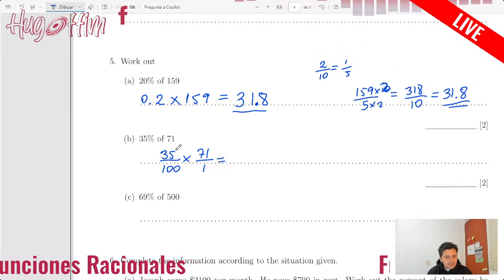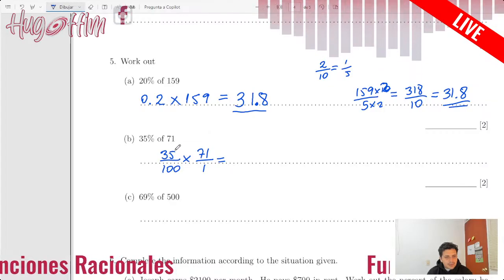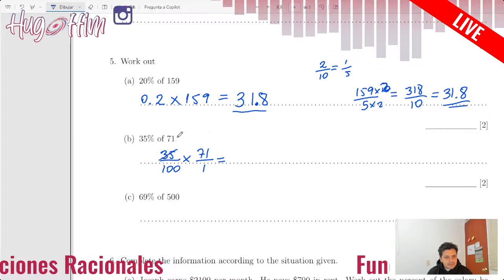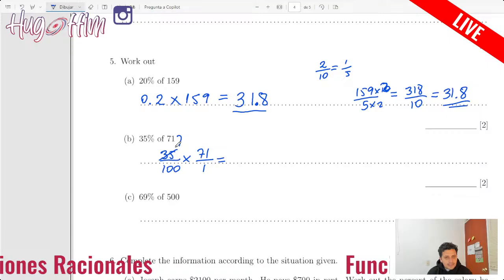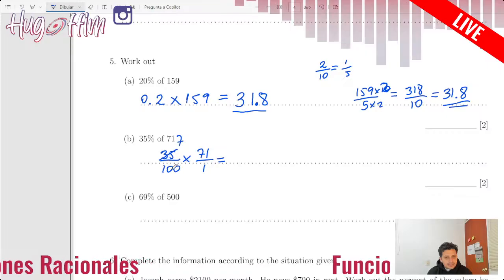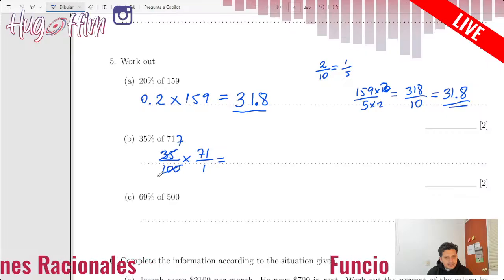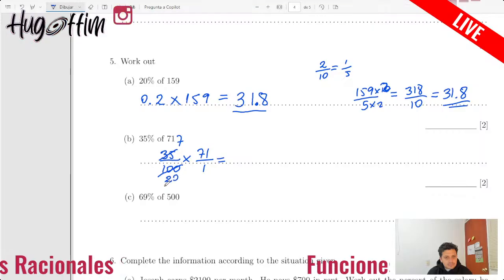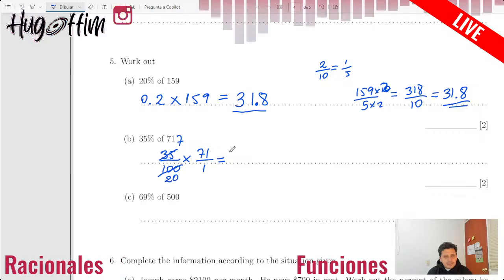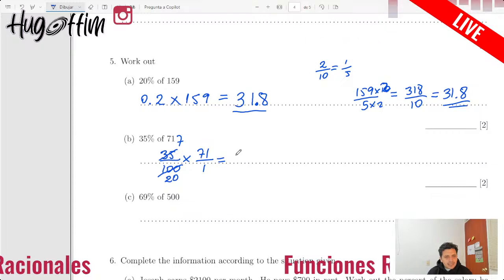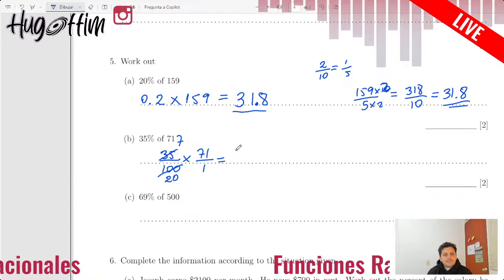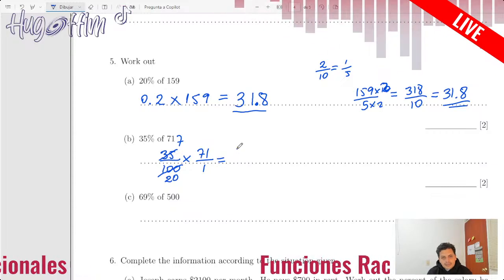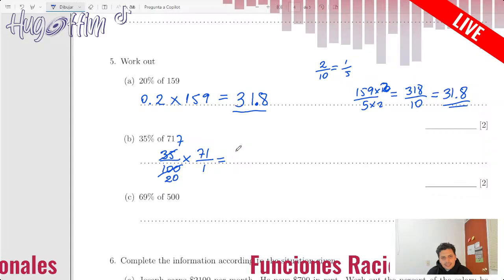So for example, I can simplify. Fifth part of 35 is 7. Fifth part of 100 is 20. So 7 times 71, it's going to give you 497 over 20.